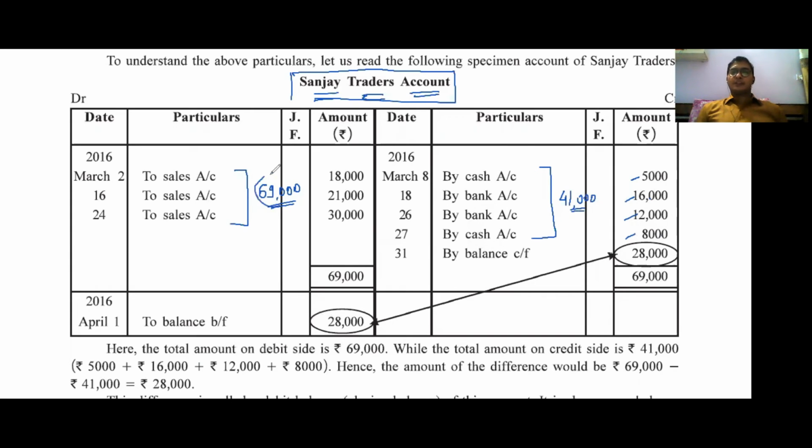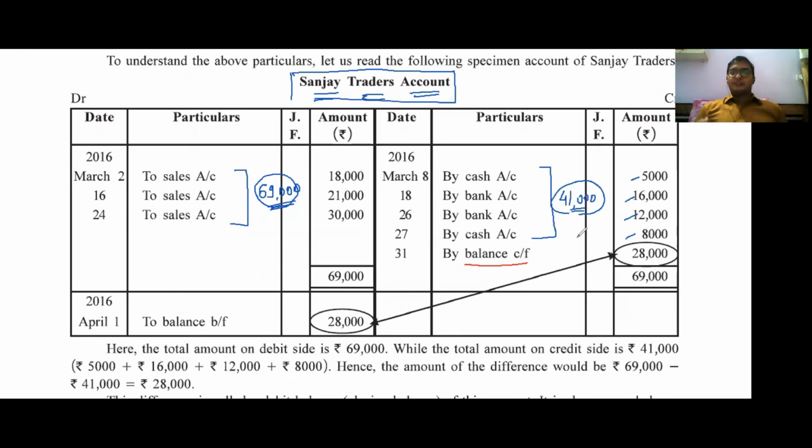Here it is a rough calculation that you can see that the debit side total is 69, credit side 41. Now, if the debit side total is more, then the closing balance is on the credit side.